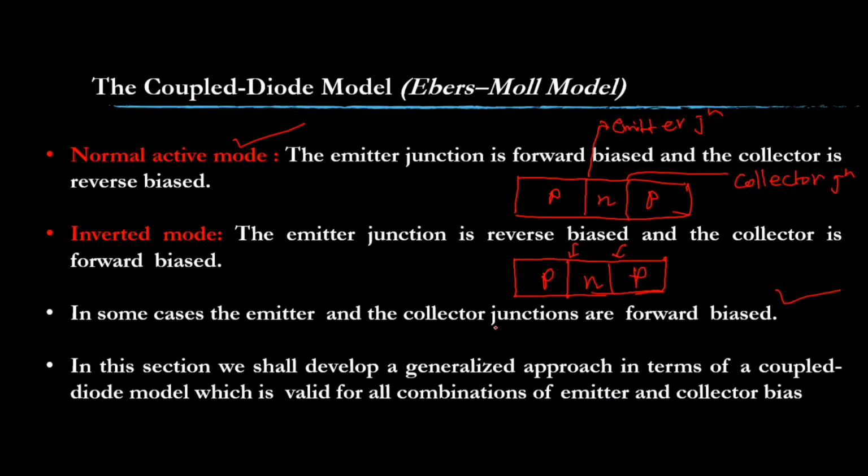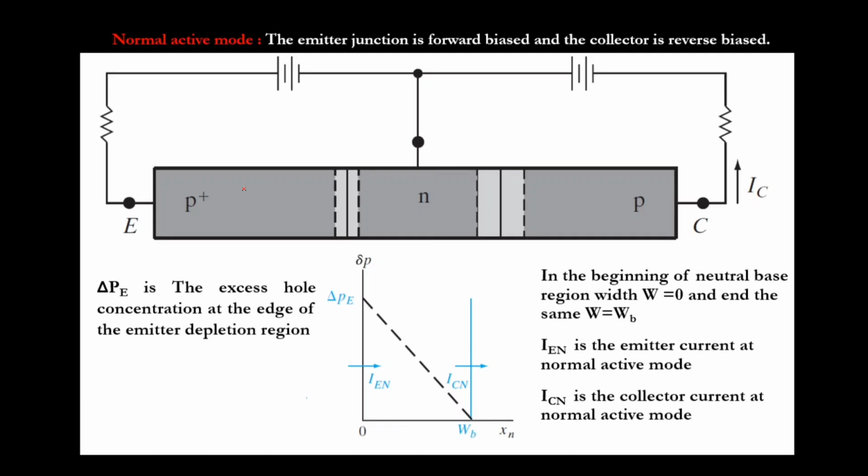Initially we start with the normal active mode. Let's see what normal active mode is. Look at this big diagram, and you could see the PNP transistor here. This is my emitter junction, no doubt, and this is my collector junction.